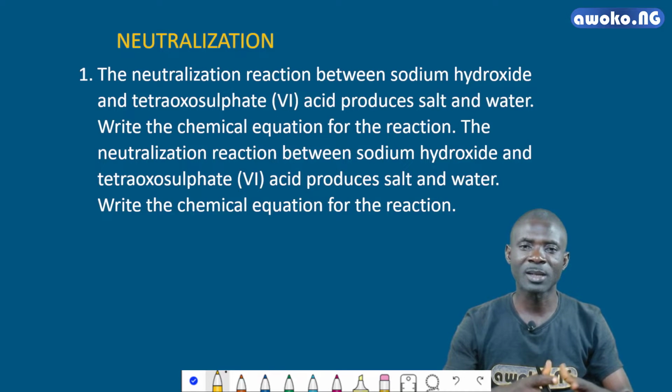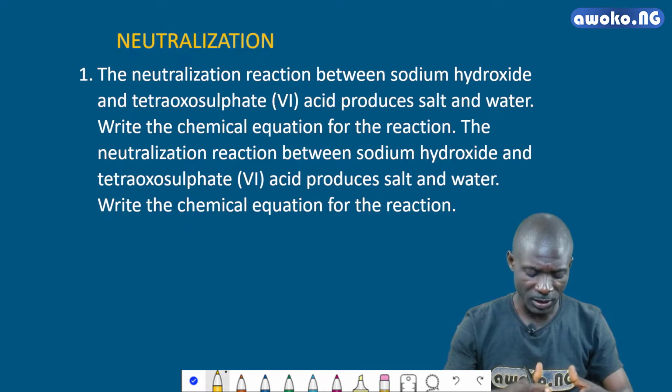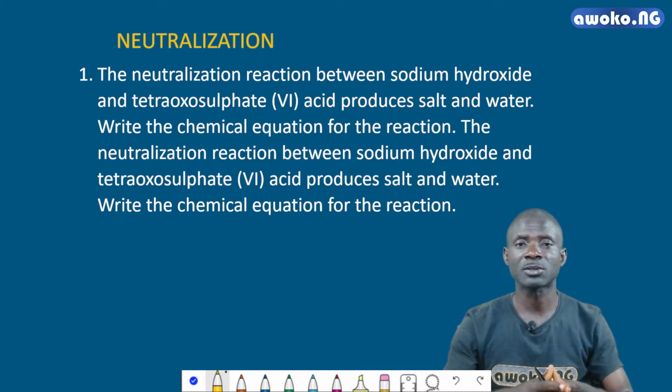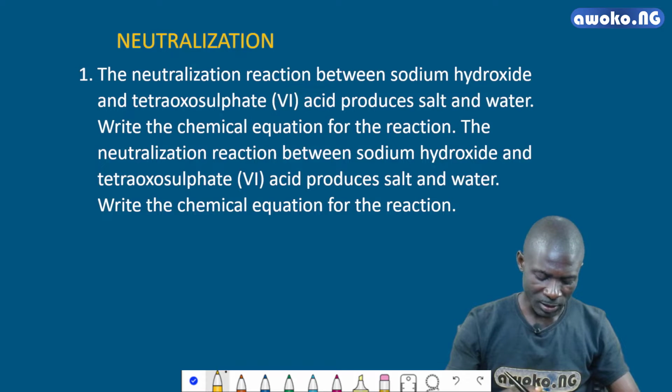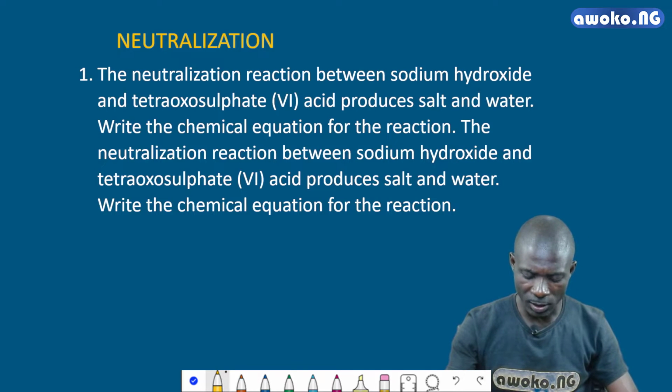Now, let's take a look at a common example of a neutralization reaction and how we can balance the chemical equation involving neutralization reaction of sodium hydroxide and tetraoxosulfate 6 acid. The neutralization reaction between sodium hydroxide and tetraoxosulfate 6 acid produces salt and water.